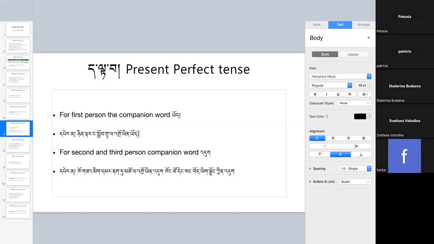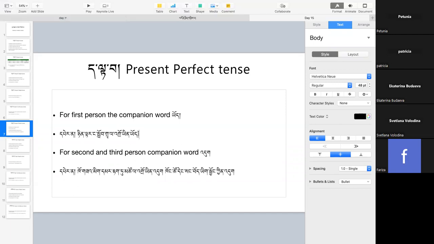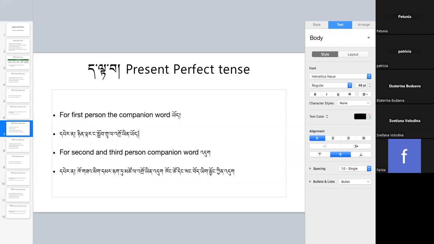So it's only in the context of the imperative case that we see that there is a variation with the companion word. Other than that, all of the tenses, the present, past, future, they have the variation in spelling.